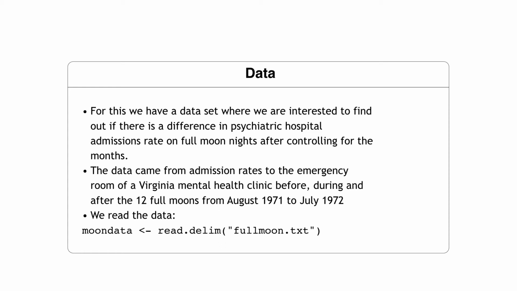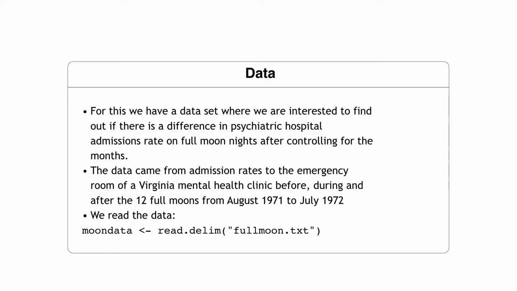But you could equally argue that it's not just a matter of full moon night psychiatric hospital admissions, it may be a matter of the month or the season when that occurs. So to account for that, they also tallied which month they had this hospital admission in the year 1972. They took a span of 1971 to 1972, and then they plotted the hospital admissions of each of these cases. So here is the data.